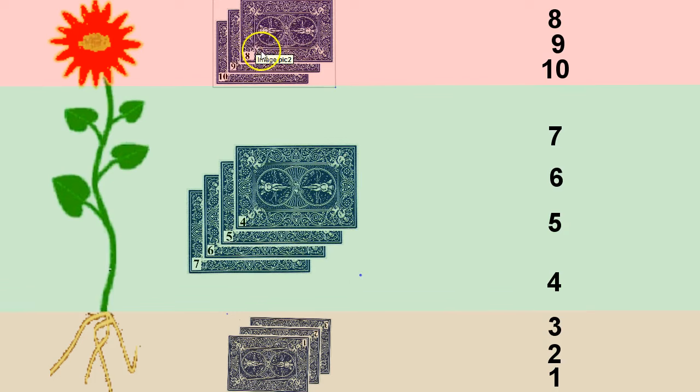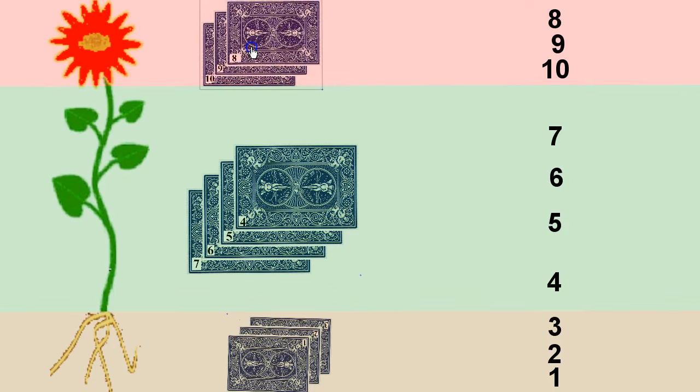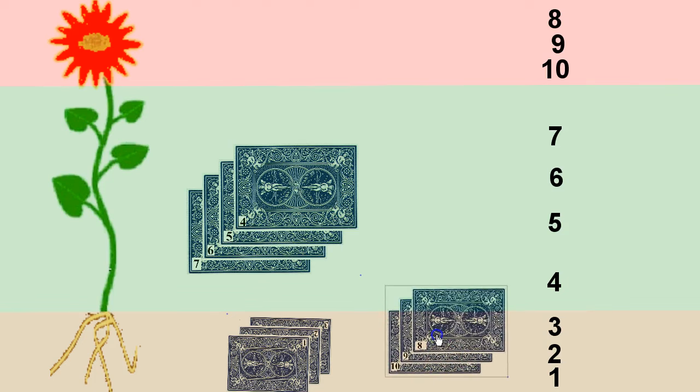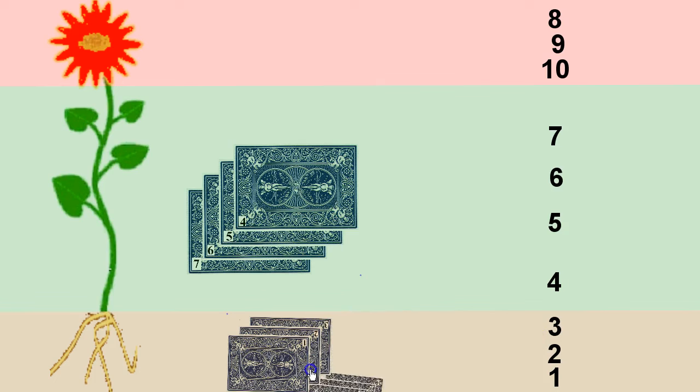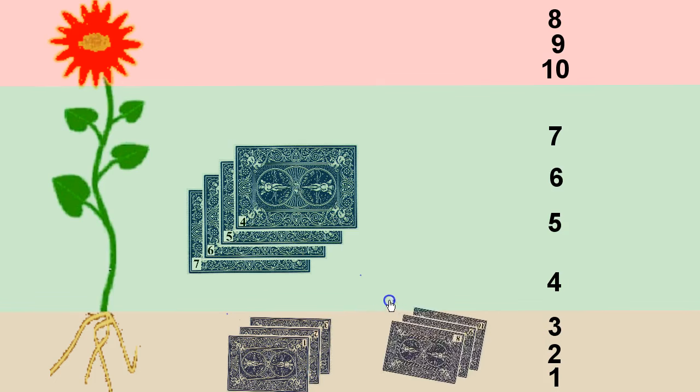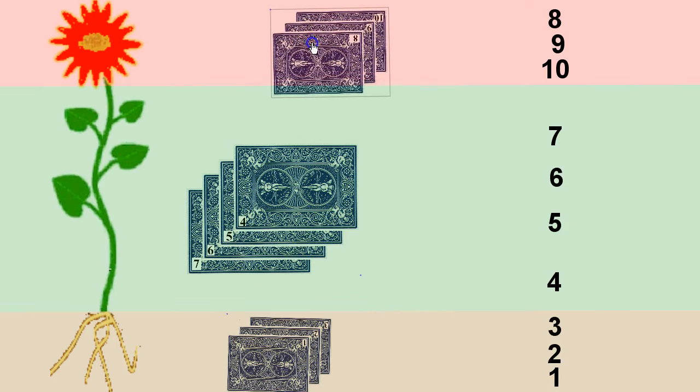So what's happening with the red cards? The cards that started off in the petal part of the flower, in the first shuffle, they go down to the brown, but they're upside down. So next shuffle, they go back to the red, and they stay upside down.